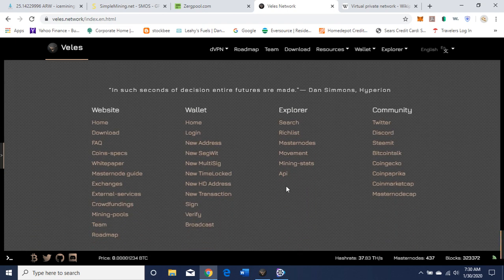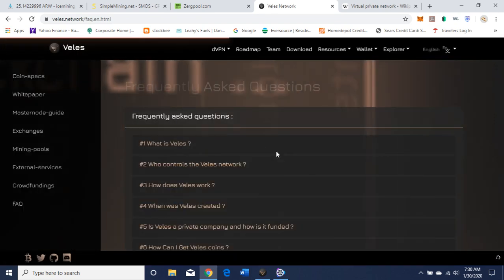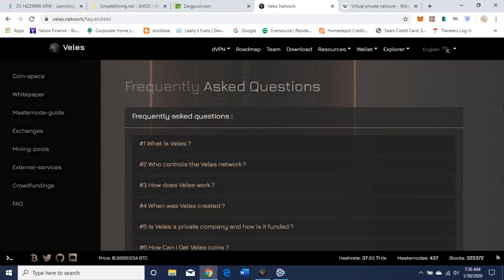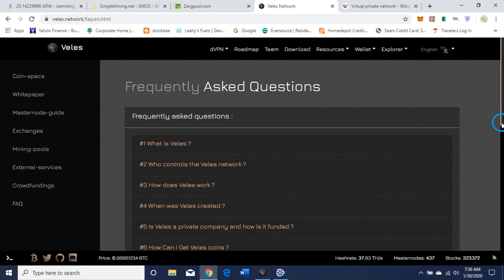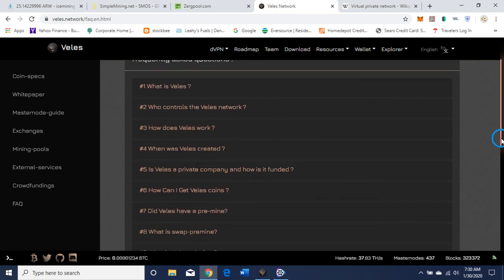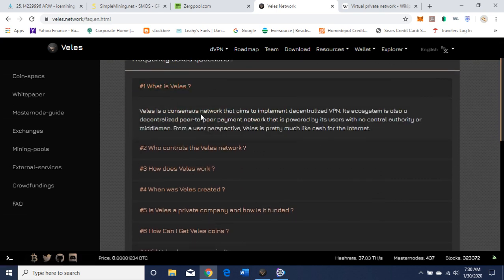Okay, so here's the wallet. Links here, and some other links here, frequently asked questions. It's always good to check out the frequently asked questions. It says, what is Veles? Veles is a consensus network that aims to implement decentralized VPN.